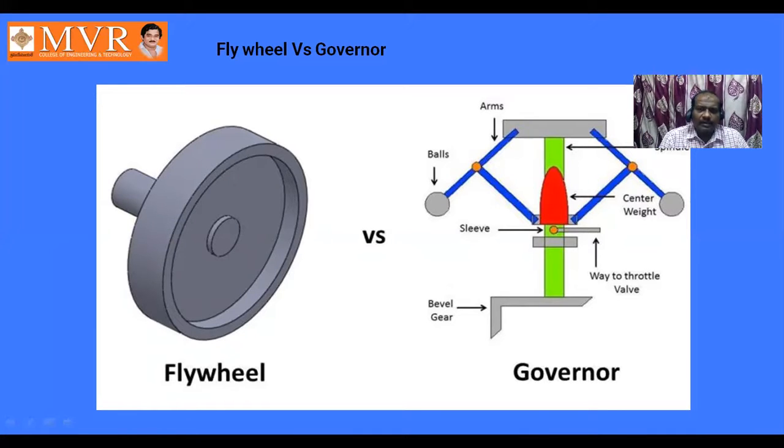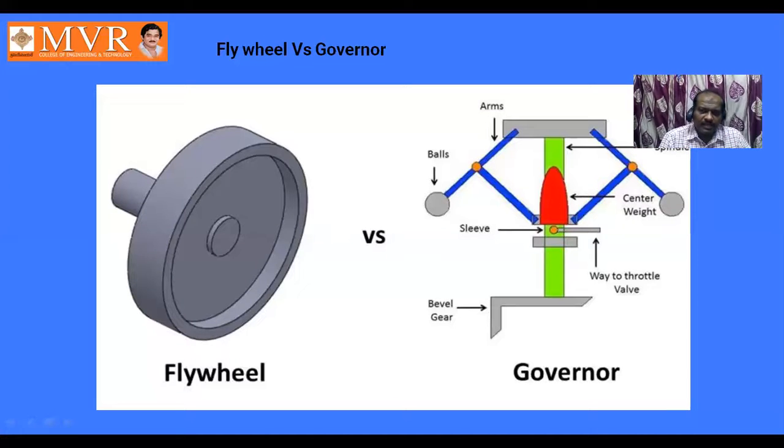Second, if you observe the green color, that is the throttle valve. The bevel gear is connected to the spindle, and the bevel gear rotates the spindle. Due to the rotation of the spindle, the sleeve present on the green colored spindle slides up and down on the spindle.